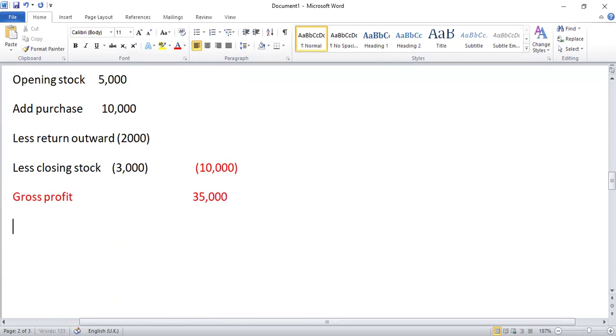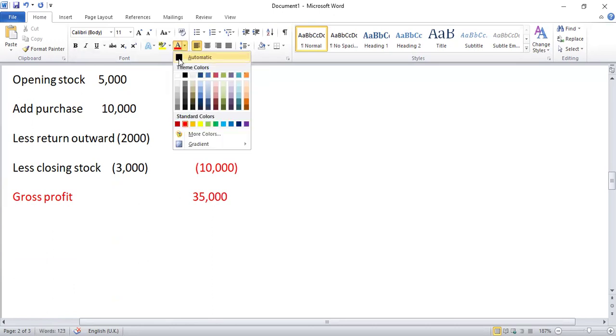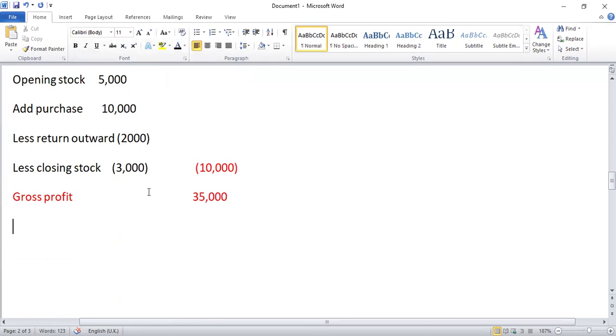Now, to this gross profit, we are going to add other incomes. So the first income, let's say we have discount allowed. Not discount allowed, but we have discount received, because discount allowed is an expense.